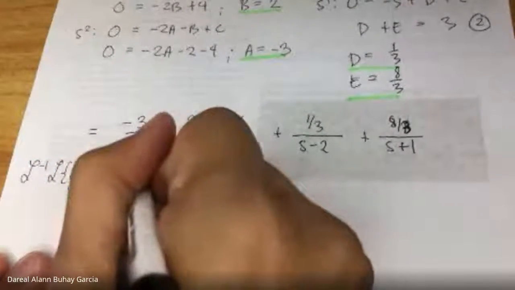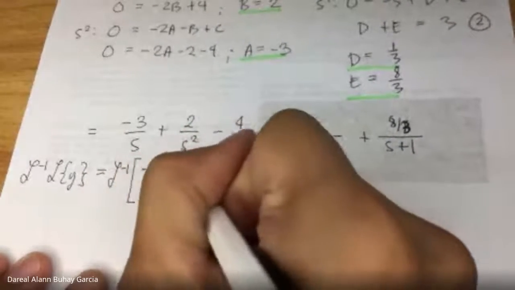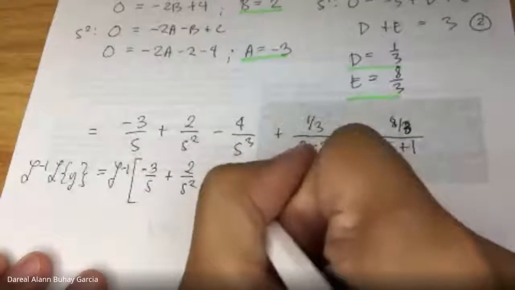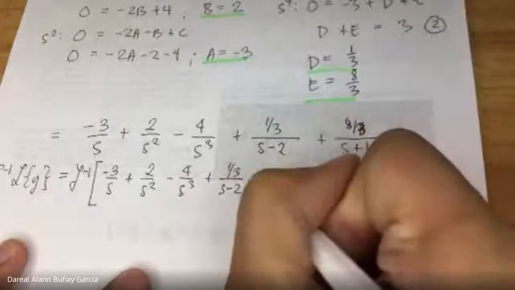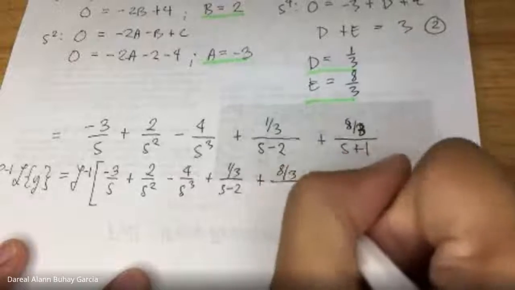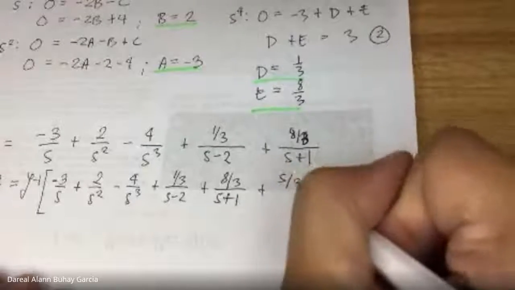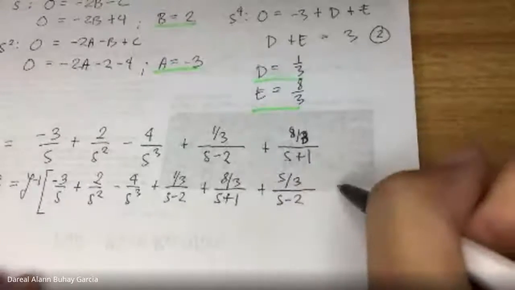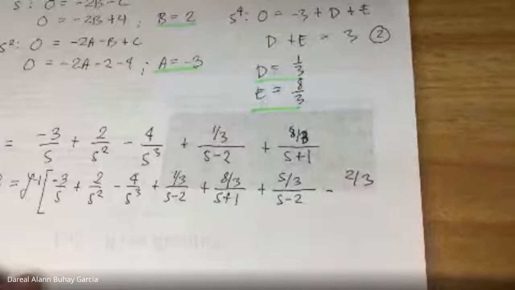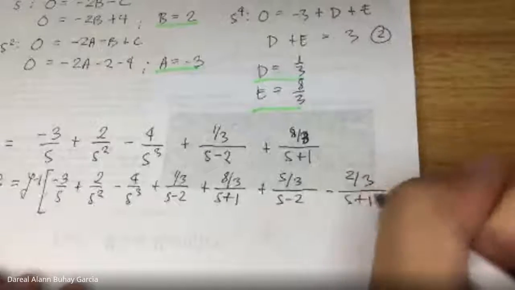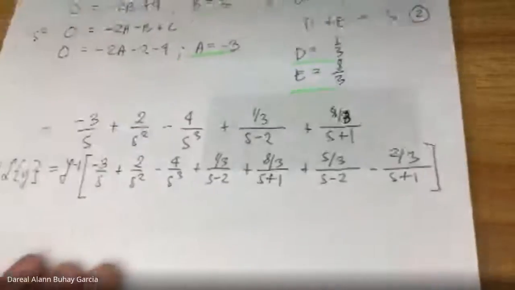The inverse Laplace of everything else: negative 3 over s plus 2 over s squared minus 4 over s cubed plus 1/3 over s minus 2 plus 8 over 3 over s plus 1 plus 5 over 3 over s minus 2 minus 2 over 3 over s plus 1. Later we can combine them.